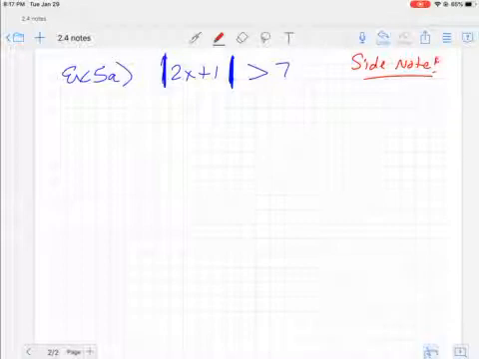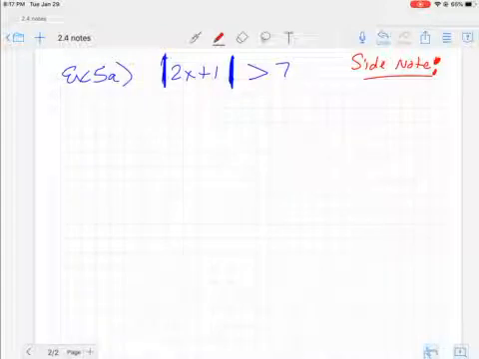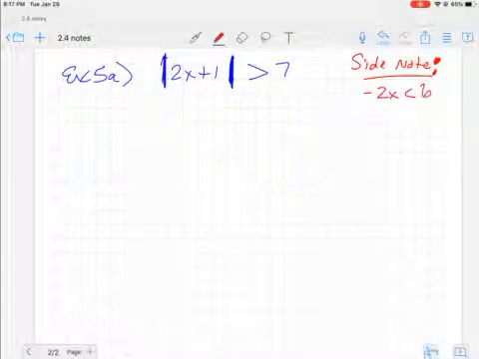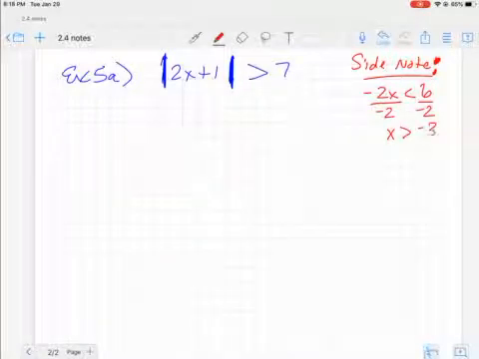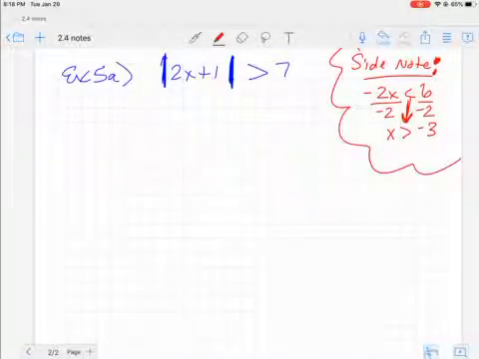You remember, with inequalities, if you were to have something like negative 2x is less than 6, what happens to this inequality when you divide by that negative number? Yep, you flip that inequality. Anytime you multiply or divide by a negative number, you flip that inequality. The same concept is going to pull this off.